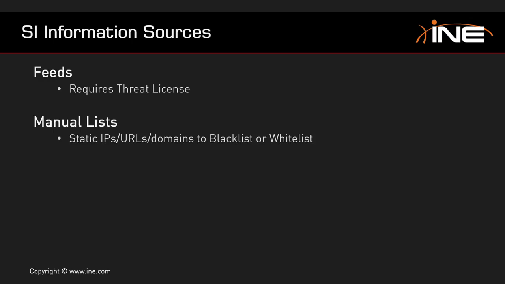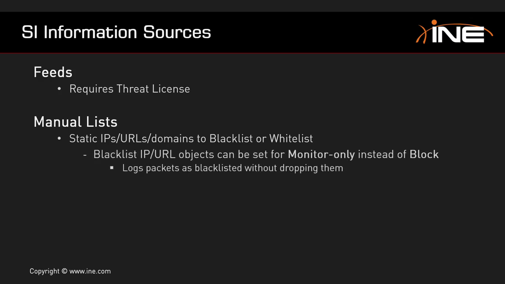Now you can specify those objects one by one, or as we will see, you can also upload text files with multiple entries defined. Okay, for the blacklist type of a manual list, the default action is going to be to block those addresses or URLs, but it is still possible to change it to monitor only, in which case you will still log the communication for affected addresses as blacklisted, but you will allow the packets to the access control policy.